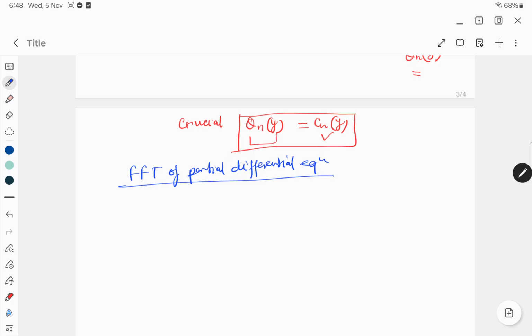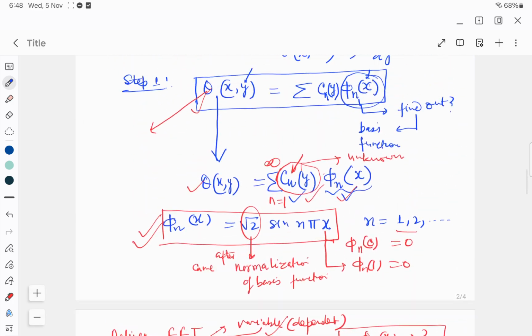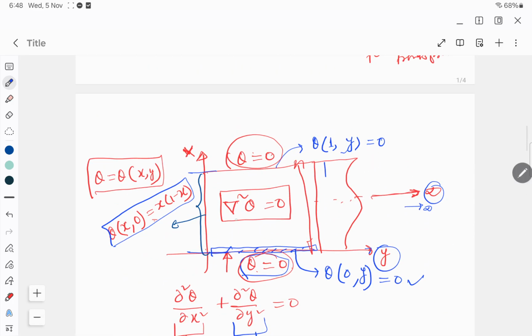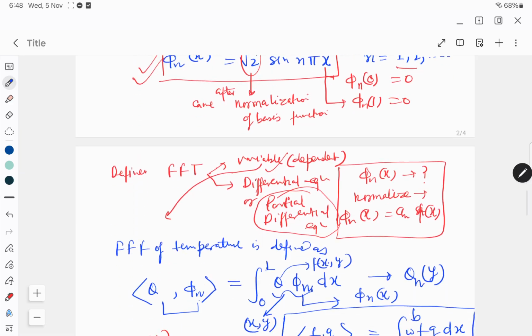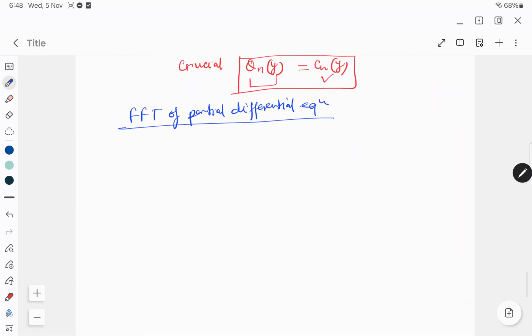What was the partial differential equation we have to solve here? That is del square theta equal to 0 in dimensionless form. In two dimensions, that is del square theta by del x square plus del square theta by del y square equal to 0. Now this is the partial differential equation.